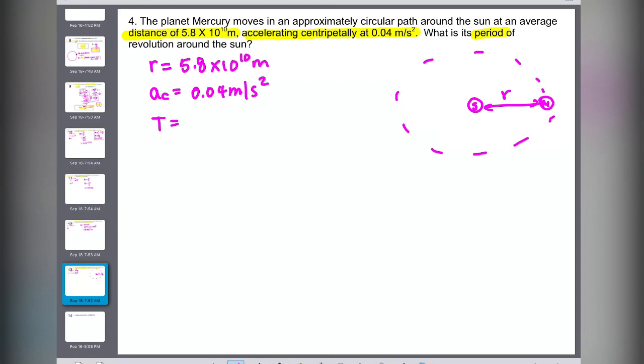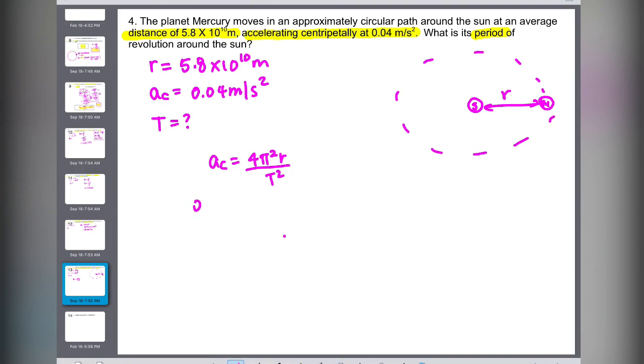Okay, it gives you a_c is 0.04 meters per second squared. They would like you to find period. So go back and find the equation that has the period. So this lesson is fairly straightforward in terms of math. You need to know your equations. So a_c is 4 pi squared r over T squared.